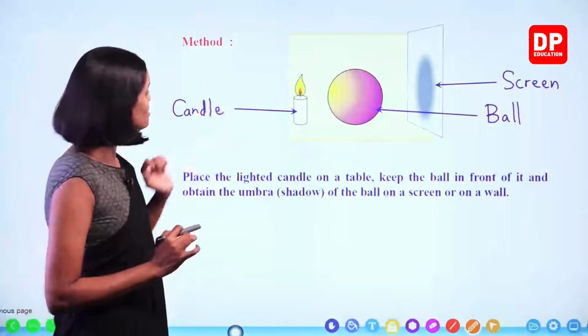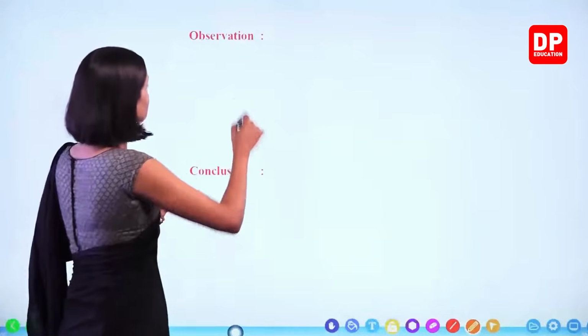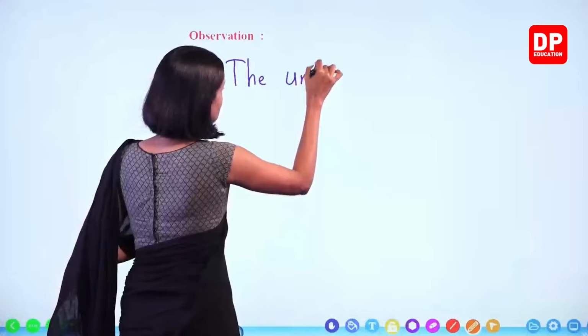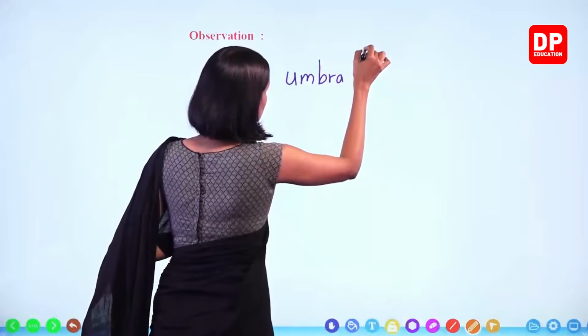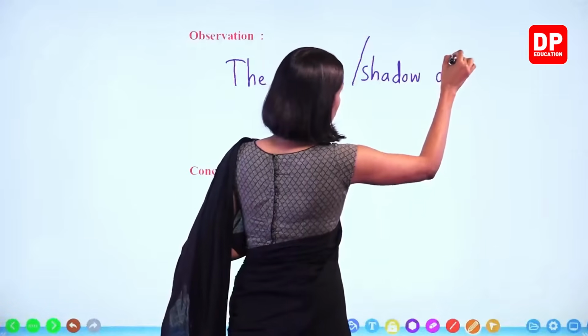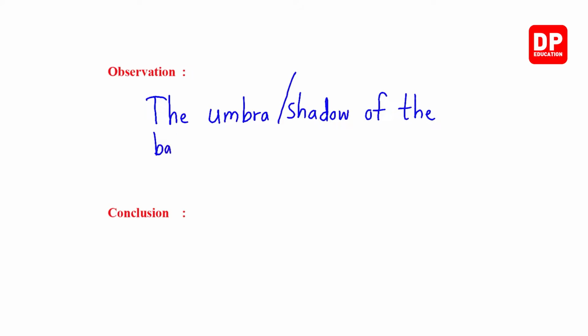Right, children? Let's write these details now. Right. So what was the observation again? Let's write. The umbra or shadow of the ball on the screen.